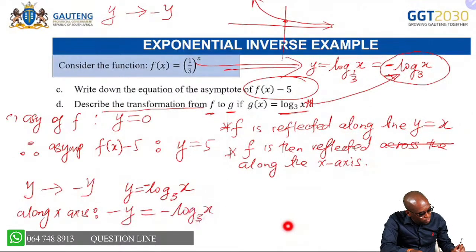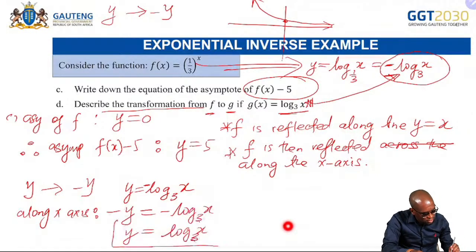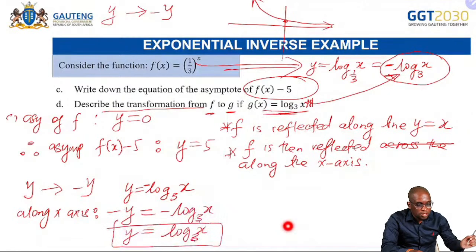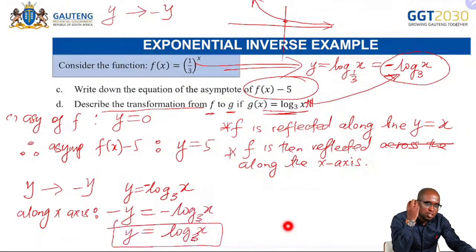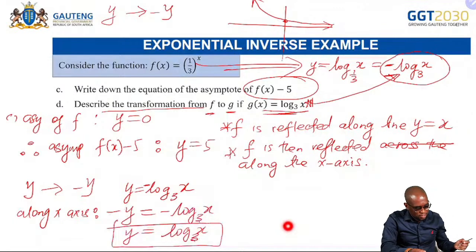Dividing by negative, we get that y is equal to the logarithm to the base 3 of x. So we get that it's now the same as what they wrote there. So they made two types of reflections in this case. Reflect along y equals x and along the x-axis.